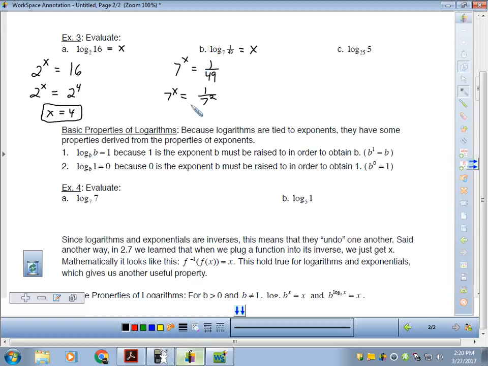It was originally a negative exponent. So this is really 7 raised to the x equals 7 raised to the negative 2 power. And then if 7 raised to the x equals 7 raised to the negative 2, x has to equal negative 2. And since x is the answer for this logarithm, we know this logarithm equals negative 2.